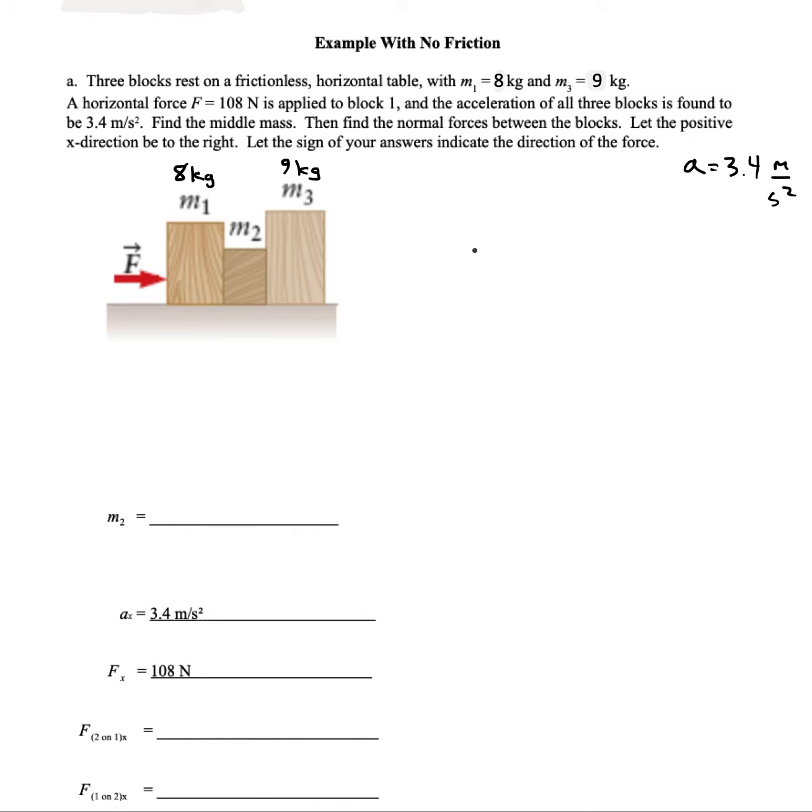Alright, so first thing I would do is redraw the problem and decide what is going to be the system that I'm analyzing, because it's my choice. I could make this system anything. So I'm going to make the whole thing the system.